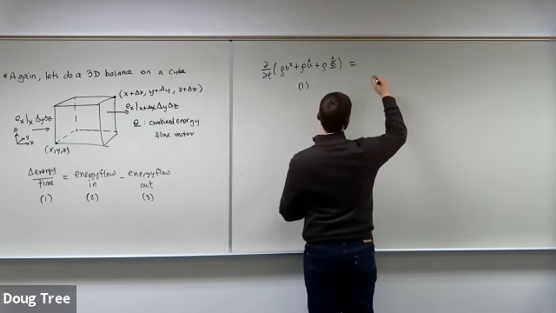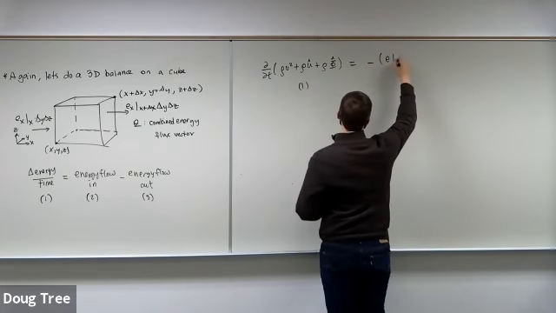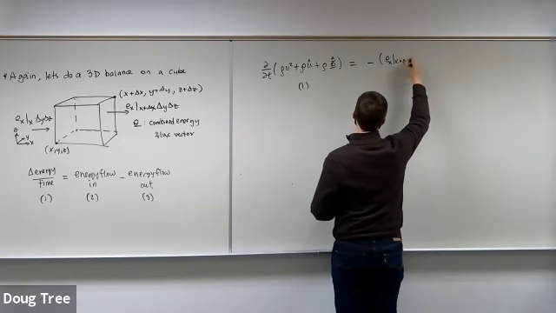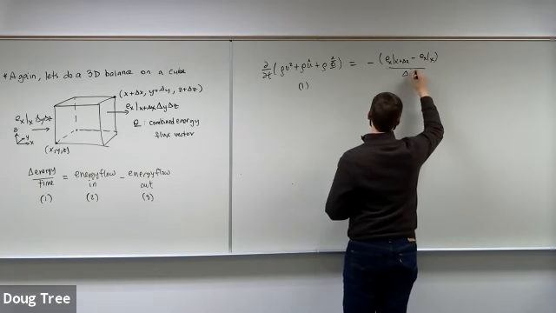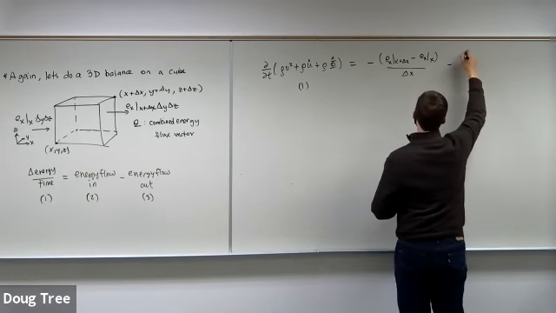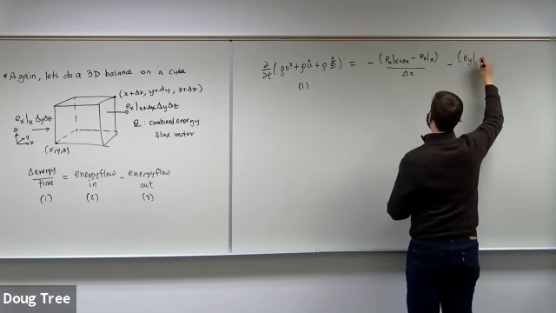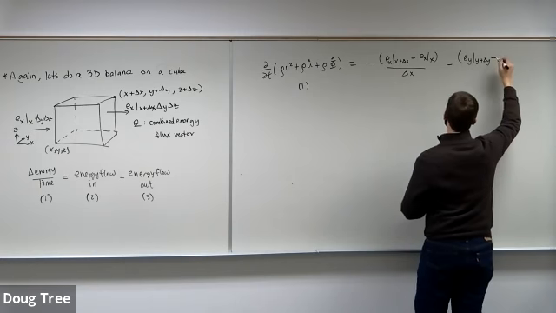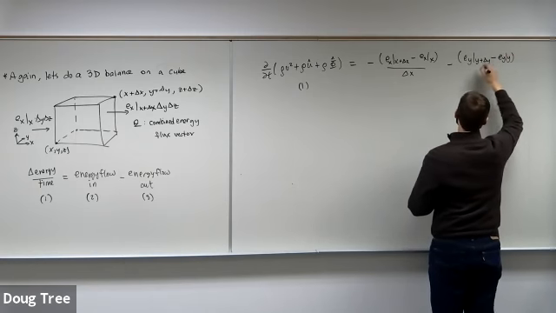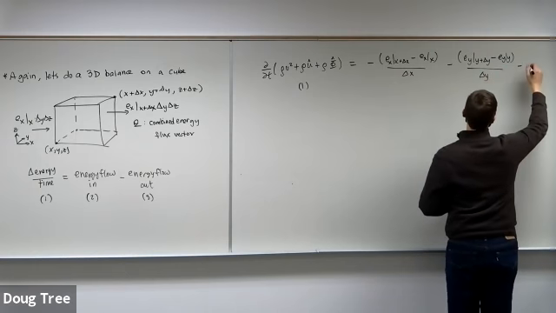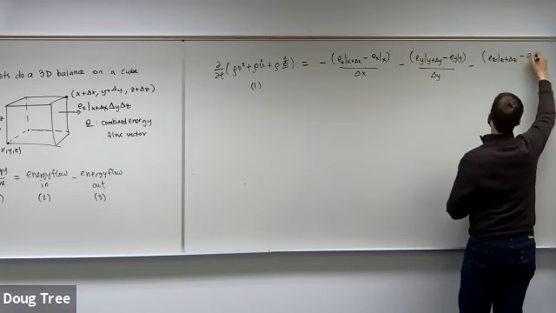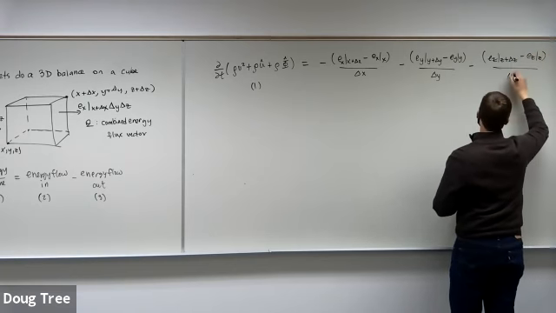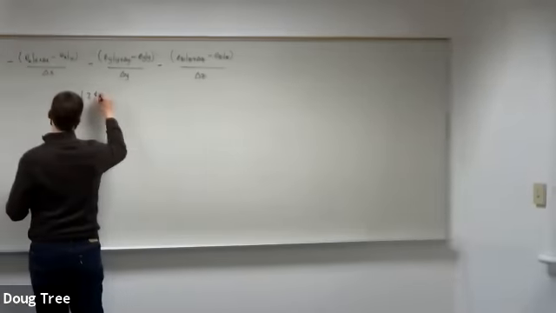It is equal to minus (Ex at x plus delta x minus Ex at x) divided by delta x, minus (Ey at y plus delta y minus Ey at y) divided by delta y, minus (Ez at z plus delta z minus Ez at z) divided by delta z. And then this is over here, 2 and 3.